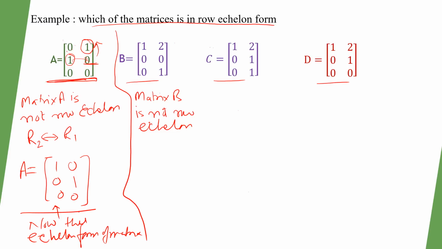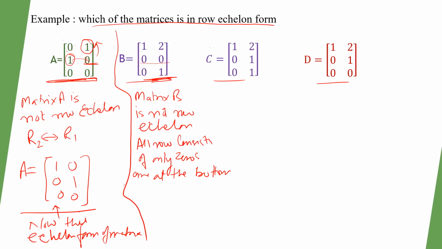Because by the definition, some writers may say it is echelon form, but we follow the definition: all the rows consisting of only zeros are at the bottom. But in the matrix B, the zero row is in the middle.